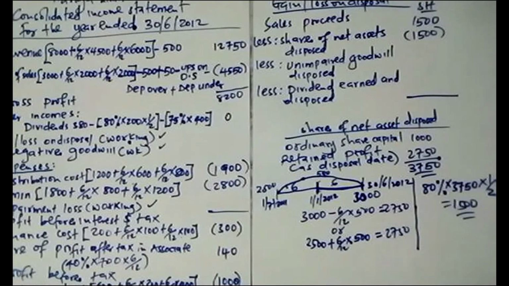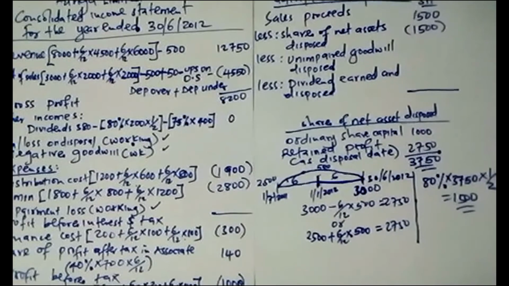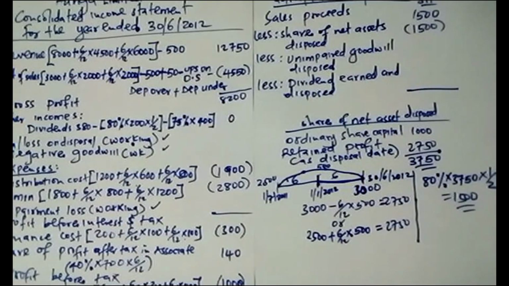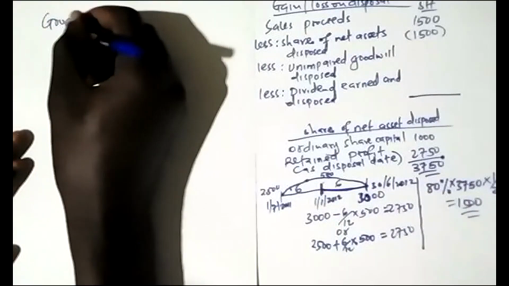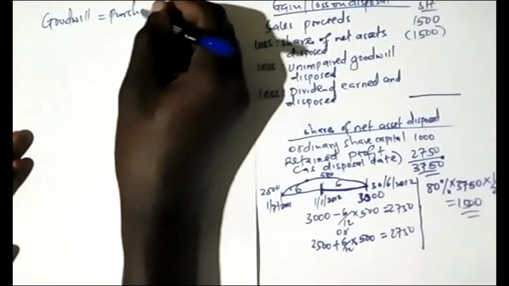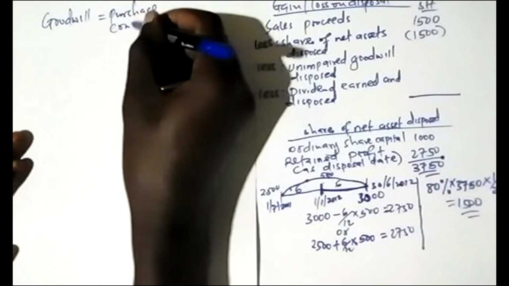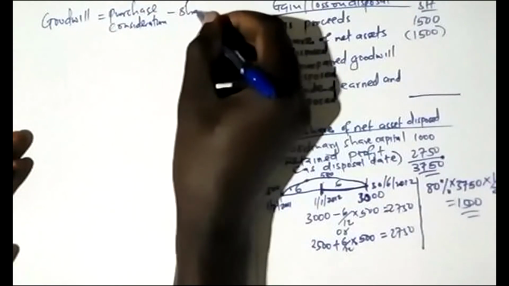Then for the unimpaired goodwill, I have to do the goodwill now. We know that the goodwill will use the partial method. Goodwill is all about purchase consideration minus the share of net assets.